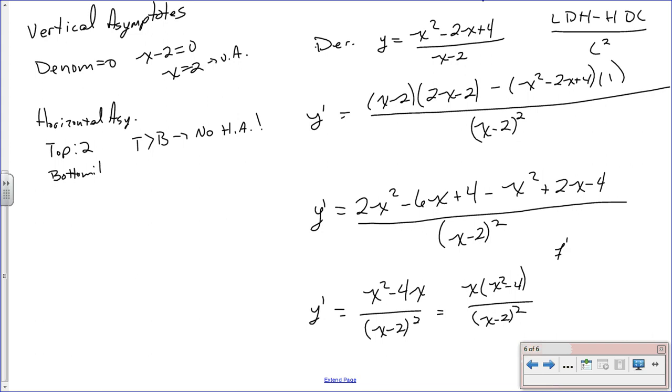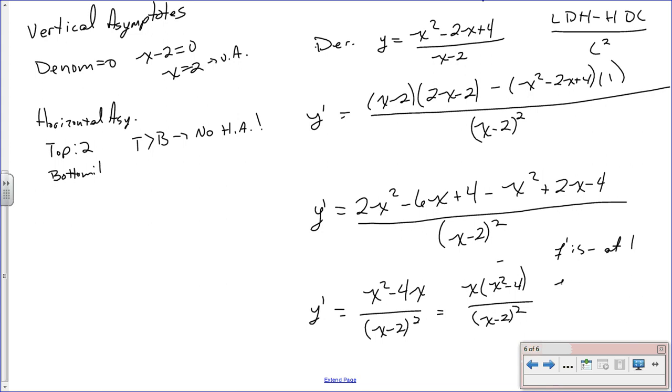So f prime, if we plug in a positive 1 here, this will give us 1 minus 4, which is negative, times 1, which is still negative. Down here it's squared, so f prime is negative at 1. That tells us it is decreasing at 1.